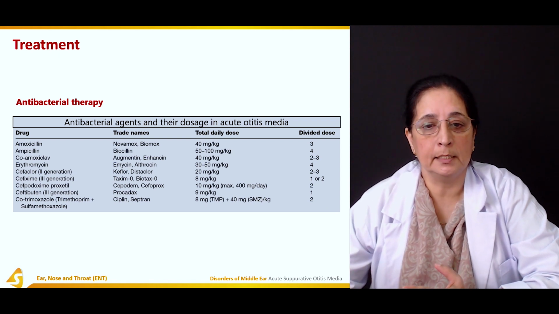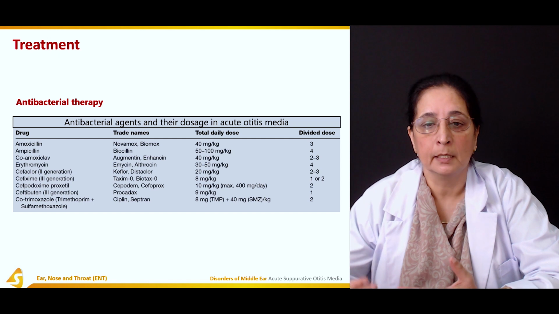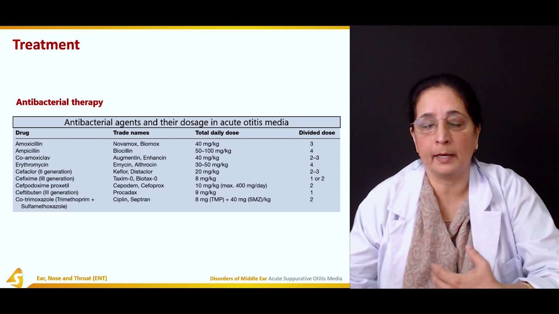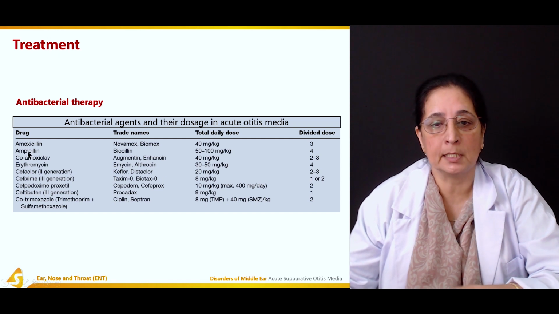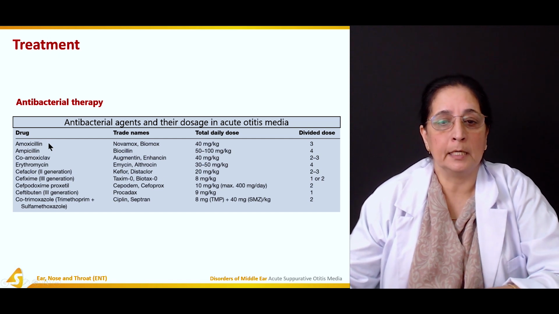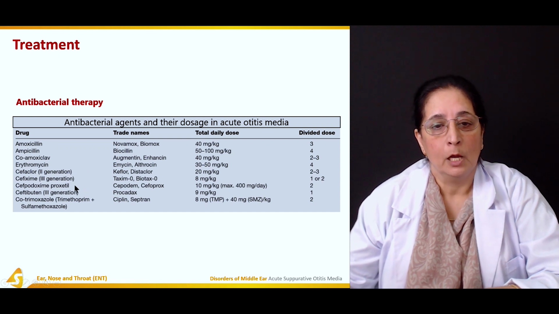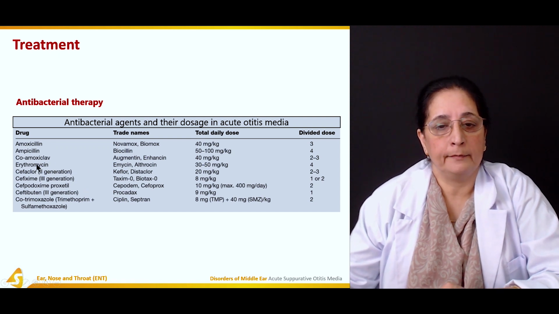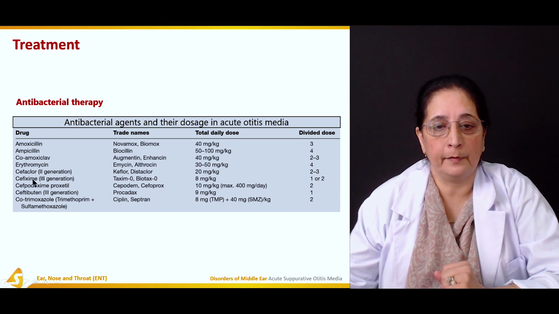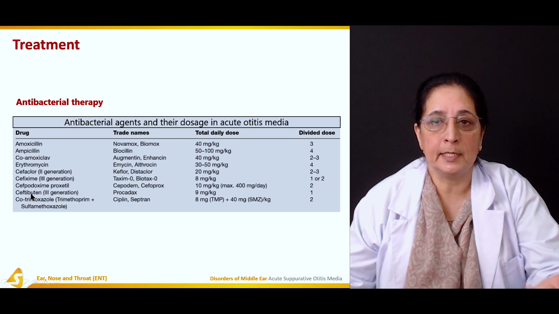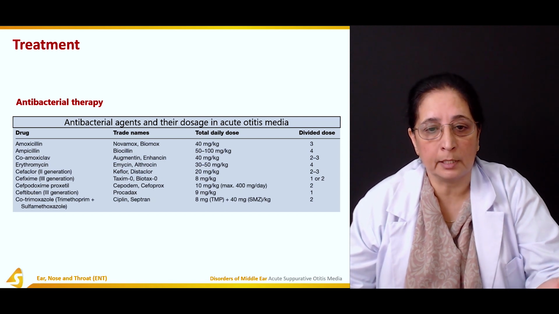All these are the different antibiotics which are tried in 3, 4, 5, 2, 1 divided doses. And the common antibiotics are amoxicillin, ampicillin, co-amoxiclav, erythromycin, cefaclor. All these are the cephalosporins, first generation, second generation, third generation.